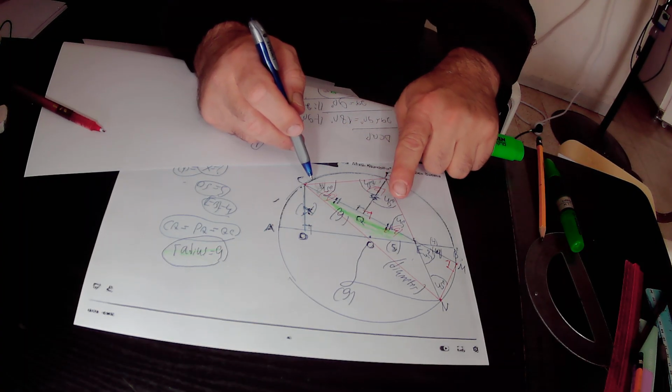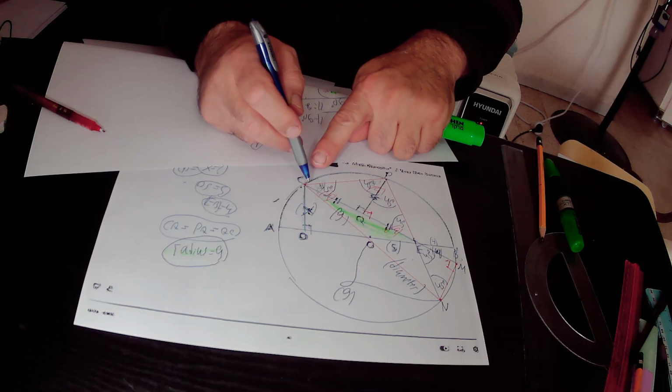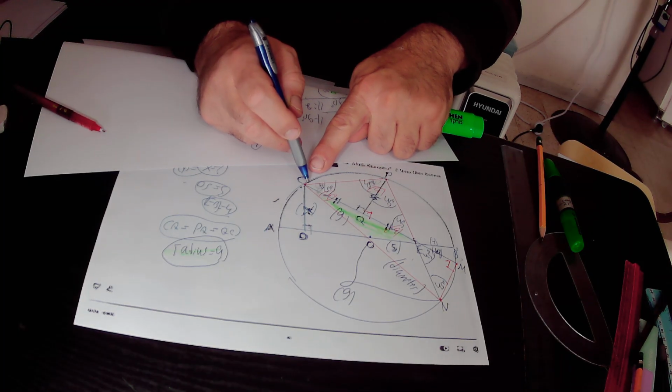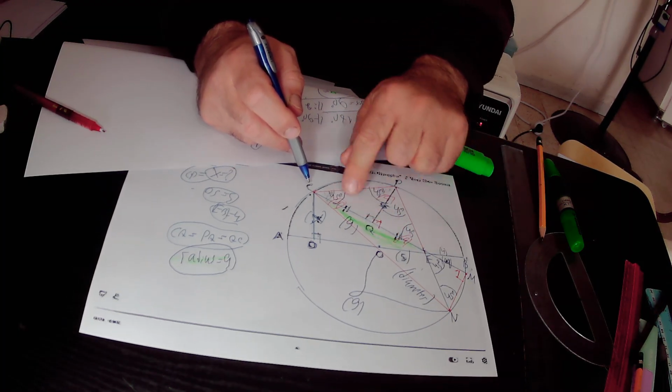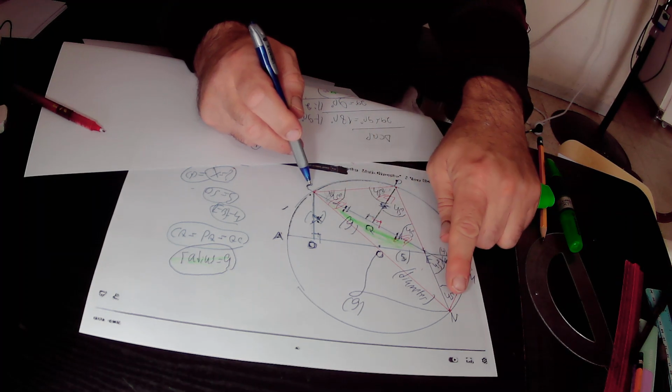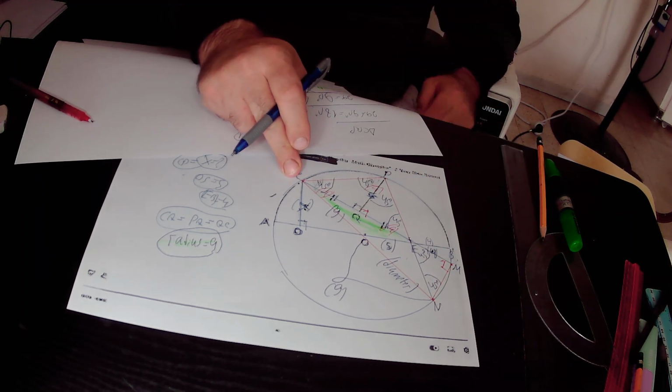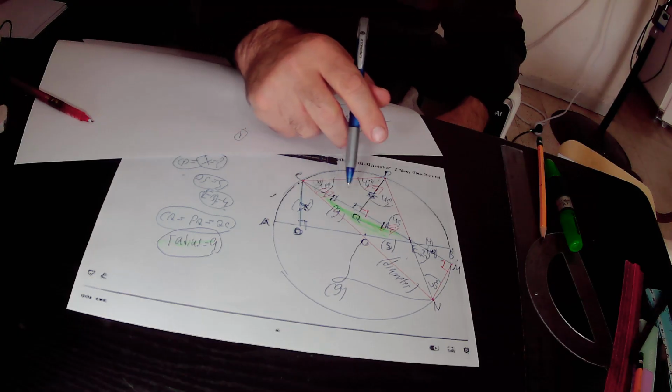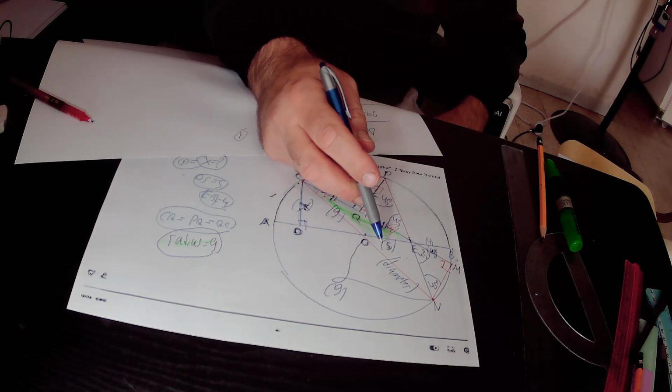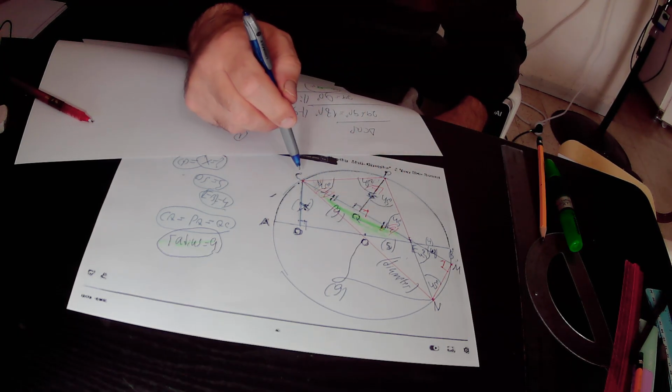CO is the base, and therefore the extended base is CN. Therefore, we draw a perpendicular from point E to the extended base CN.